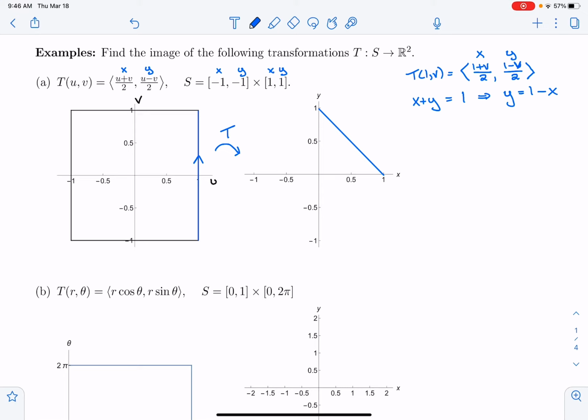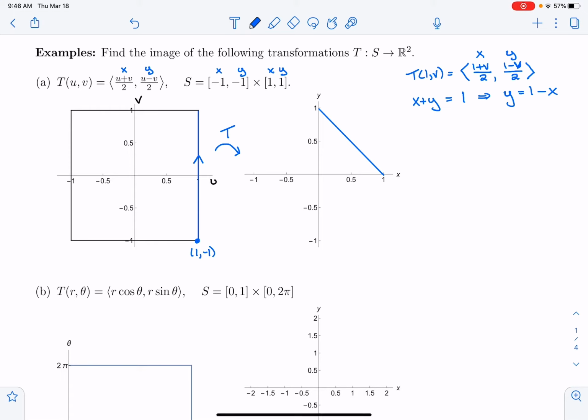And it's going to be that line segment, because I'm going to be interested in what happens at the various points. So at this point, I want to apply T to the point 1, negative 1.